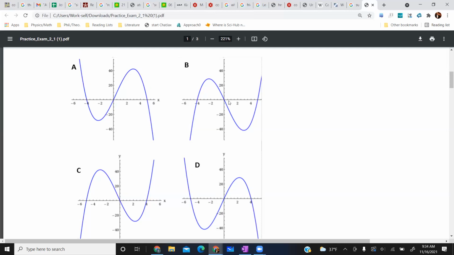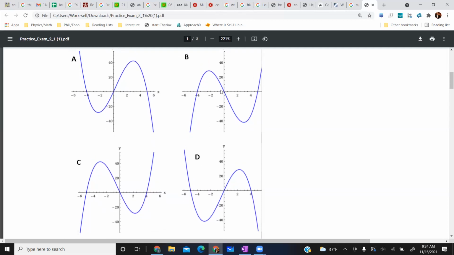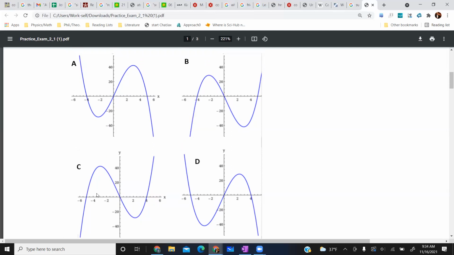As x goes to positive infinity, the function goes to positive infinity, and as x goes to negative infinity, the graph goes to negative infinity, and the same thing for C. So the options we're left with are B and C, but now we have to look at the roots to see which graph actually corresponds to our function.